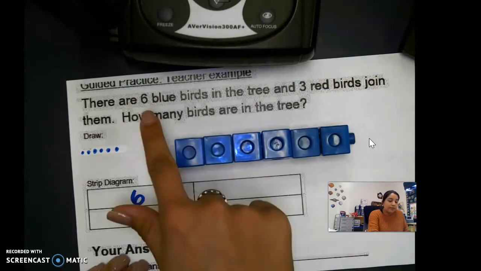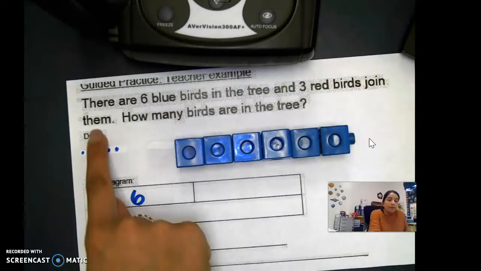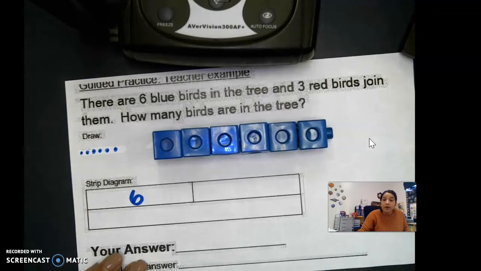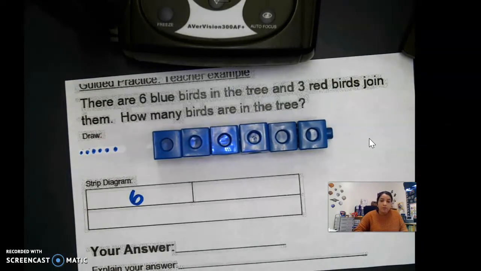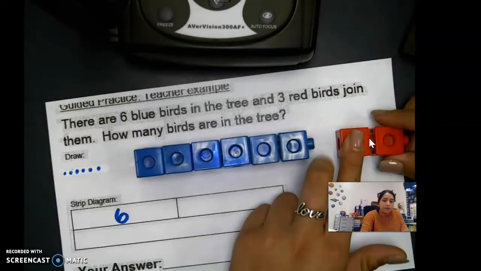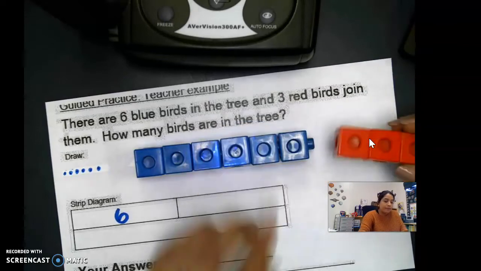Let's keep reading. And 3 redbirds join them. So how many redbirds join them? 3. So I'm going to represent that with 3 red linking cubes. 1, 2, 3.